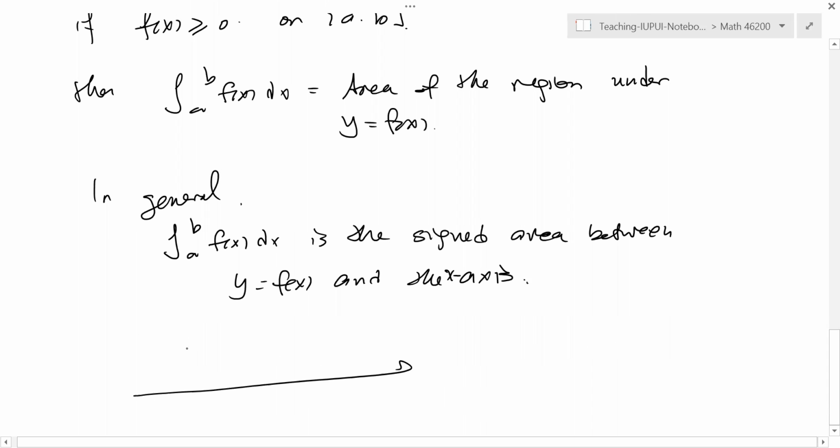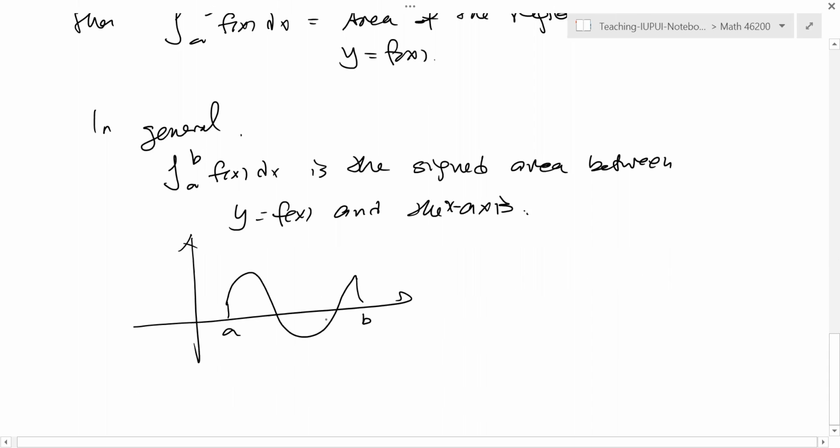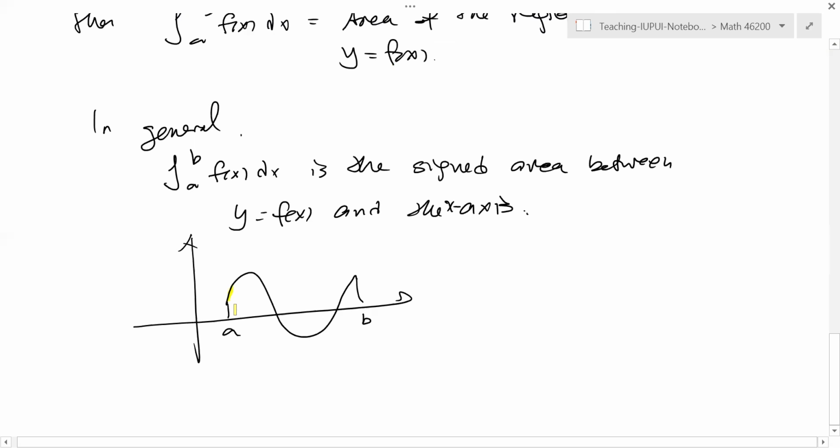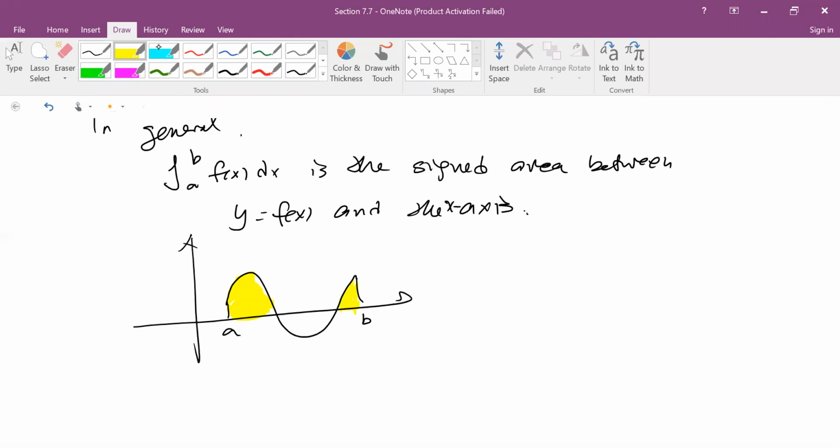So how do you understand that? For example, here's a, here's b. Between the curve and the x-axis, there are three regions. One is above the x-axis, so we use yellow. And the other one is below the axis, in a different color.